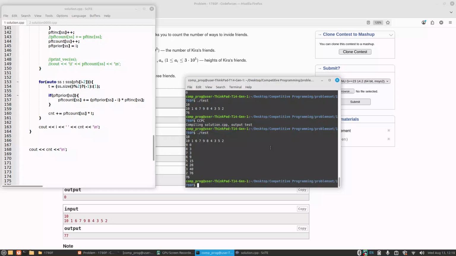Yep, something must be going wrong here. Yeah, it's definitely going wrong. That should be 6. So why is that?